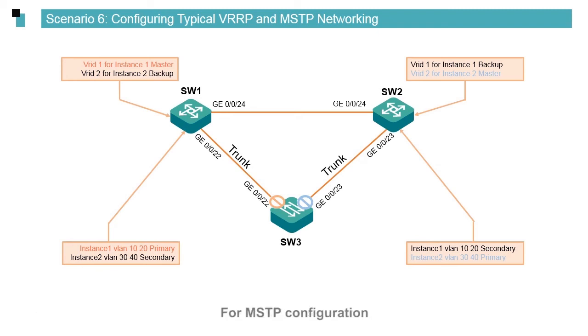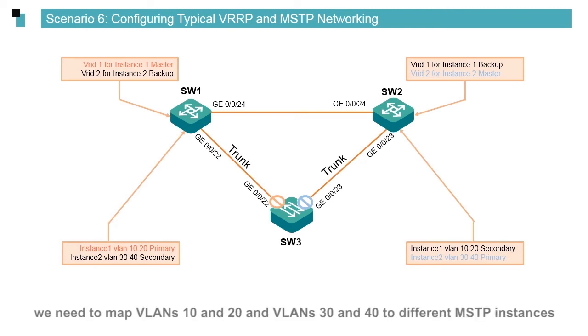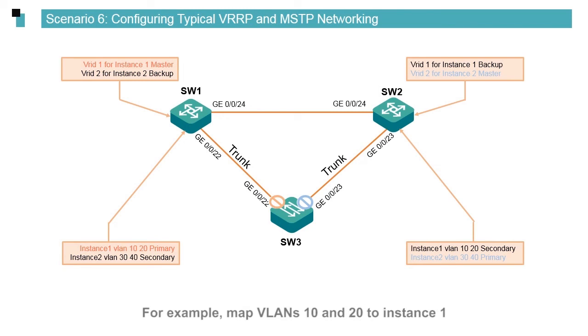For MSTP configuration, we need to map VLANs 10 and 20 and VLANs 30 and 40 to different MSTP instances. For example, map VLANs 10 and 20 to Instance 1 and map VLANs 30 and 40 to Instance 2.